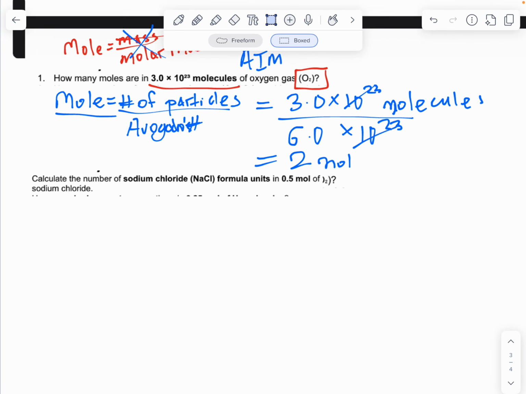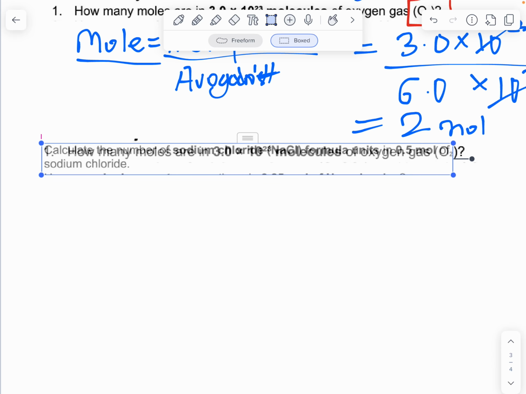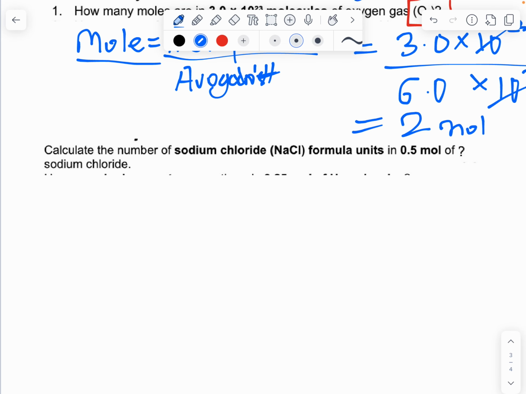This question says, calculate the number of sodium chloride formula units in 0.5 mole of sodium chloride. What we're solving for is formula units, and remember that formula units is a type of particle, so therefore we're solving for number of particles.